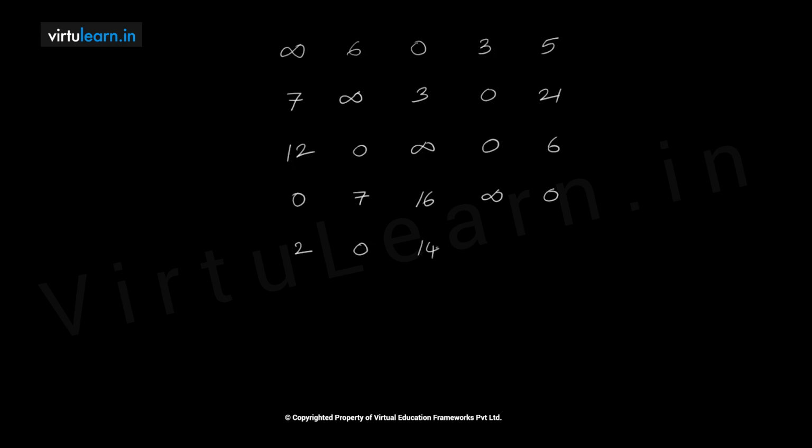So then here there is another intersection. This becomes 0 plus 2. It becomes 2. Then it is infinity. So now we'll check for the allocation.